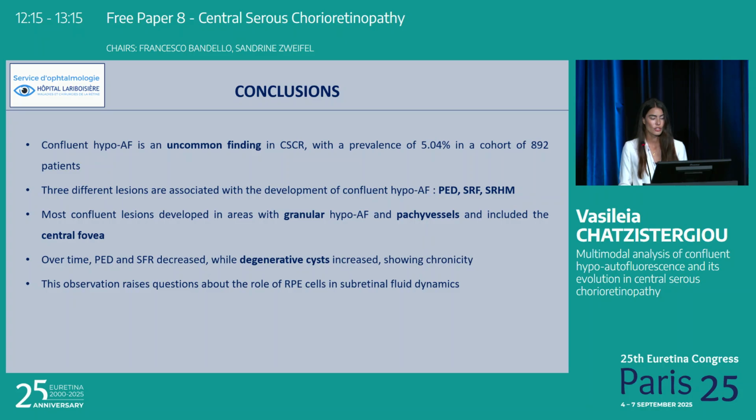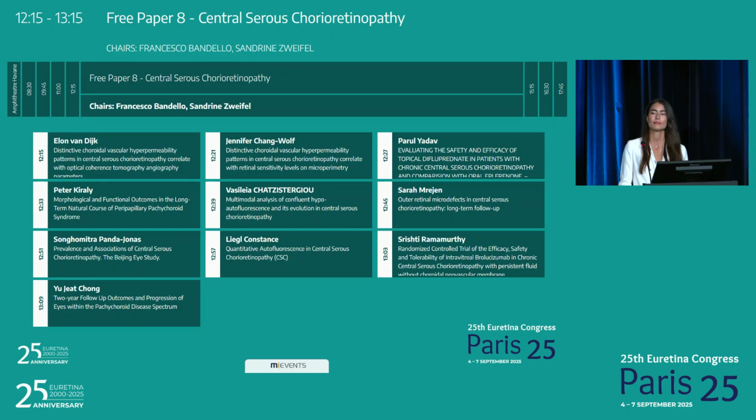Most confluent lesions developed in areas with granular hypoautofluorescence and pachyvessels, and actually included the central fovea. Over time, pigment epithelium detachment and subretinal fluid decreased, while degenerative cysts increased, showing chronicity in these lesions. And this observation actually raises question about the role of RPE cells in subretinal fluid dynamics. Thank you very much for your attention.